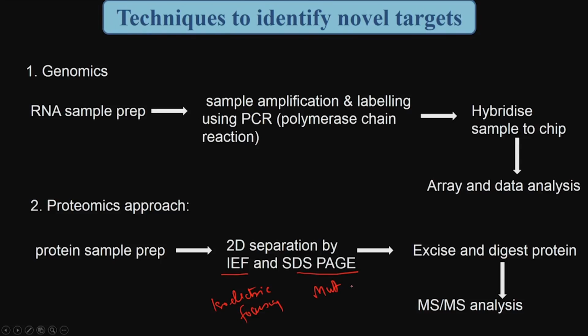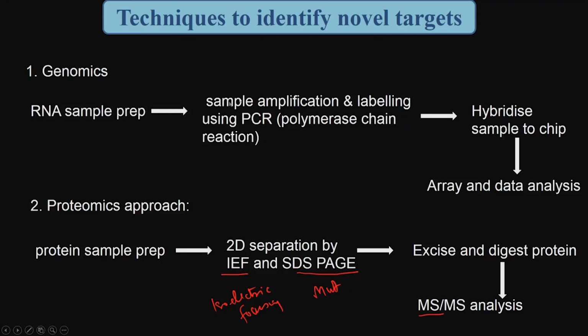So the protein mixture is separated based on the isoelectric pH as well as based on the molecular weight. Okay, then take that particular protein and then perform a mass spectrometer analysis, try to identify the protein molecular weight, protein sequence. That is called the proteomics approach.